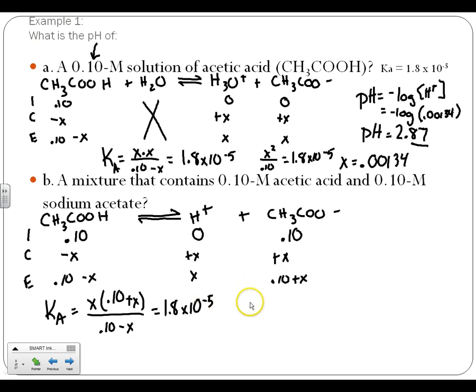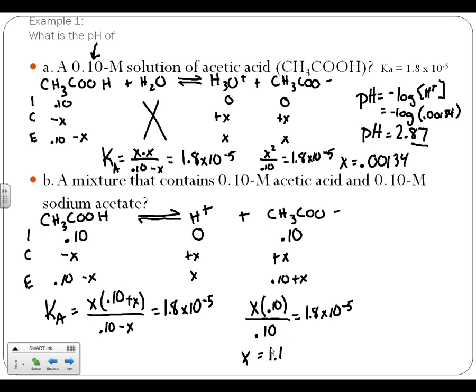So we can really simplify this equation by saying my little changes aren't going to be that much because this is a weak acid. My exponent is like 10 to the negative fifth, so that's less than 1%. So I can simplify my expression to be this. Just ignore those other little x's. Go ahead and solve for x this way.